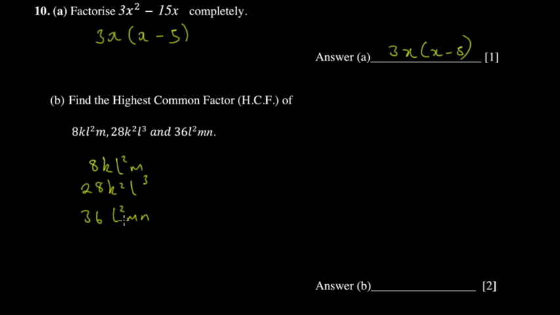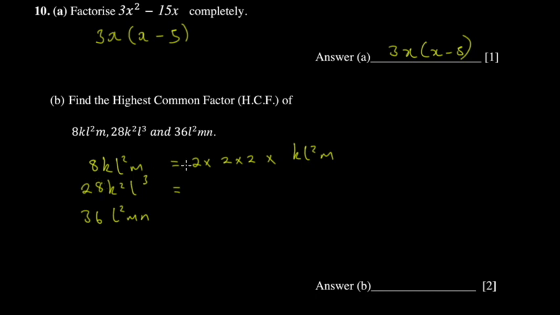So how do we go about doing this? You have to express each one as a product of its prime numbers. So this one would be 2 to the power 3, it'd be 2 by 2 by 2. If you want, you can even say 2 by 2 by 2, it would still be okay. So for this one, it would be k l squared m. These ones we are not expanding just because they are easy to compare like this.